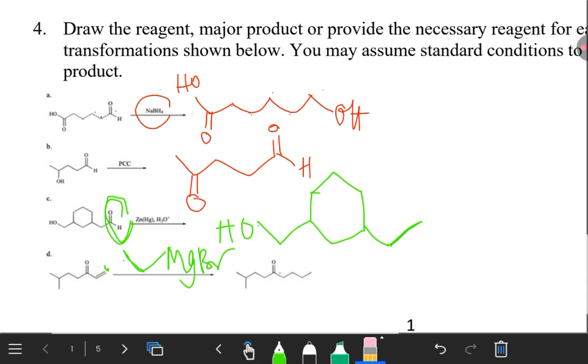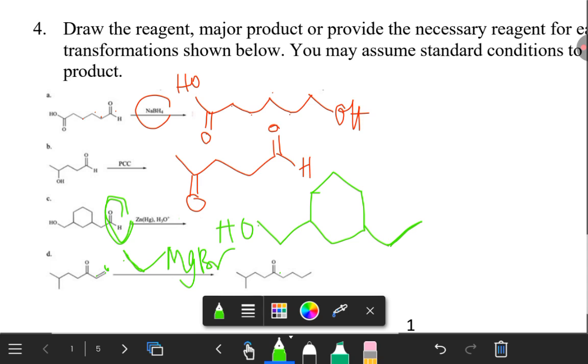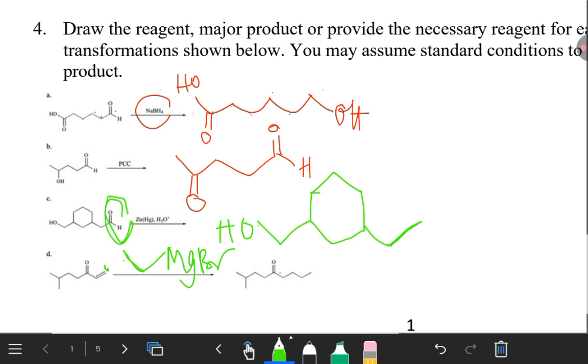So an ethyl bonded to the Grignard, bonded to an organometallic, which is magnesium bromide. So this had to leave. Then after it left, this carbocation had to attack. That's that point. Then there was this connection. So this is where we end with question 4 on aldehydes and ketones.